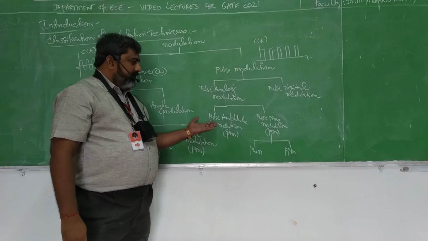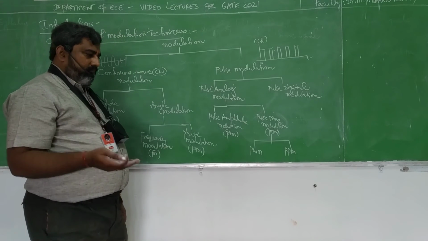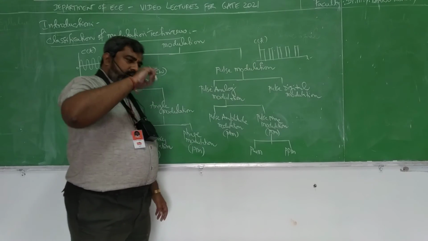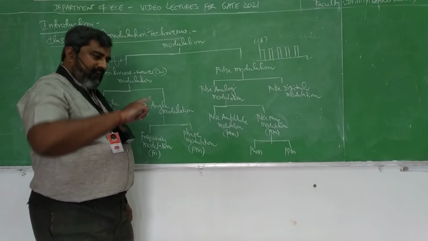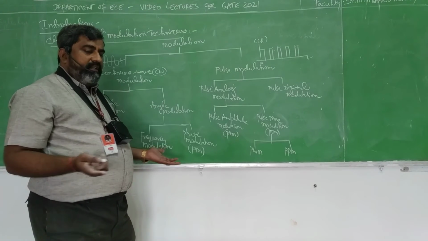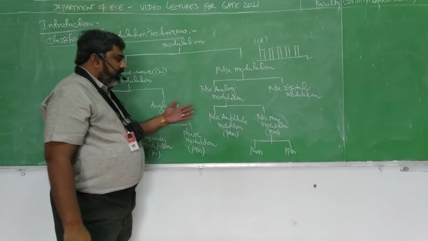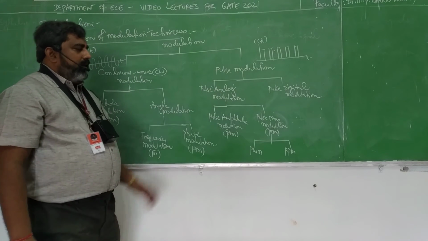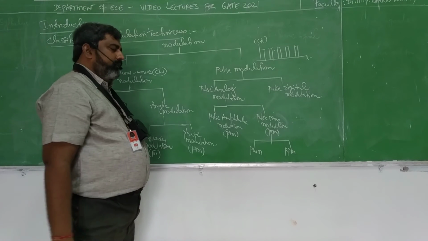When talking about the definitions of PAM, PWM, PPM, you vary the amplitude, width or position of the pulse according to the sample values of the message signal. The sampled signal is an analog signal. So that's the reason these techniques are called pulse analog modulation techniques, as pulse amplitude, width or position is varied according to the sample values of the message signal.